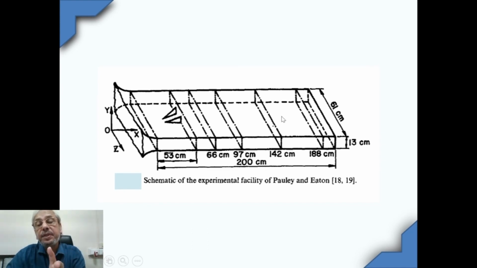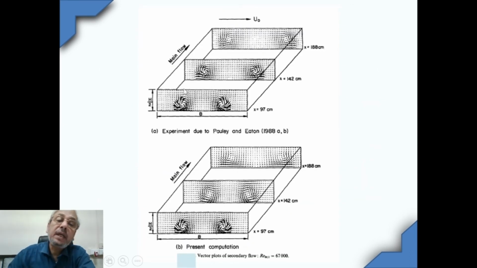At different cross sections, flow fields were mapped experimentally by Professor Eaton and Professor Pauli, and we calculated the velocity fields at the same axial locations. We calculated the entire velocity field and then plotted it at the same axial locations where the results of Professor Eaton and Professor Pauli were available.